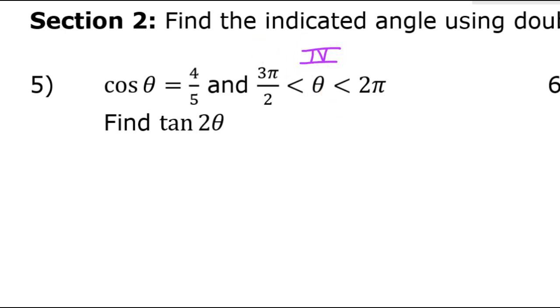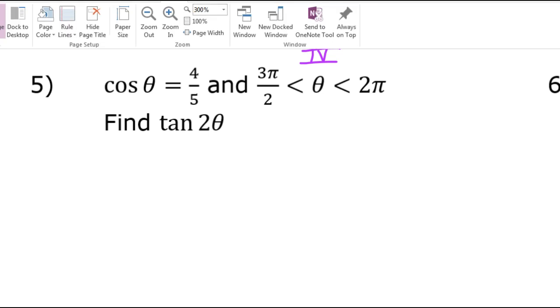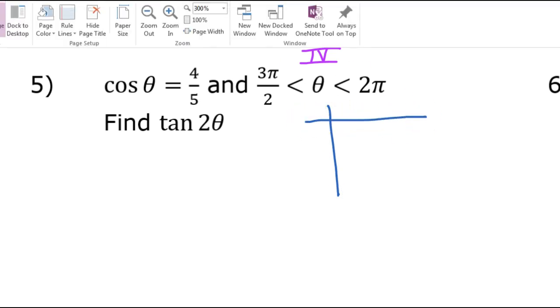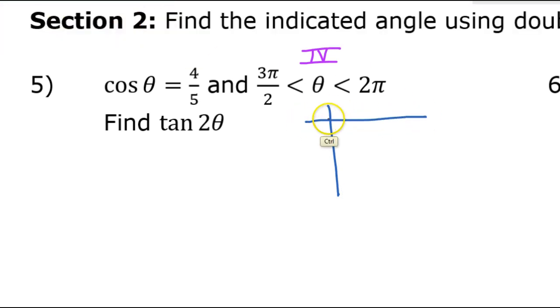So when you draw your picture, you need to draw your picture into the fourth quadrant, like this. Alright, so draw yourself a fourth quadrant picture. So here's the terminal side in the fourth quadrant, and I'll make a triangle out of it.